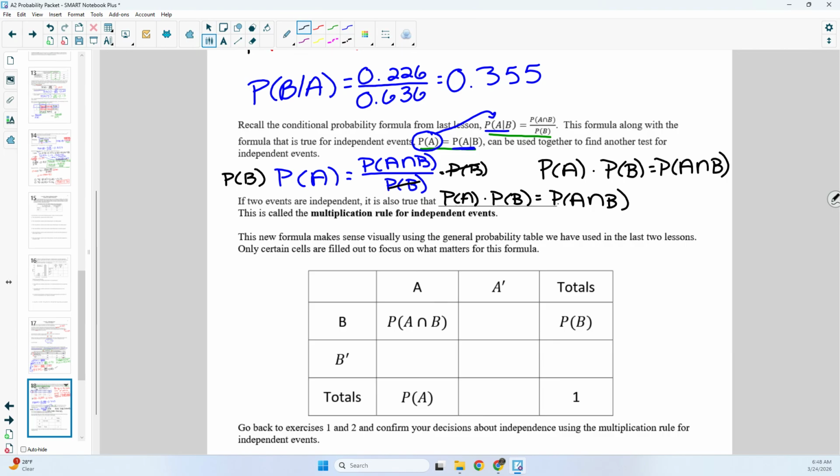This new formula can make sense visually, so we're going to look at the general probability table we've used in the last 2 lessons, but we only are going to fill out certain cells so we can see it.